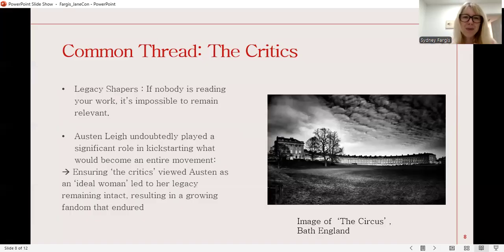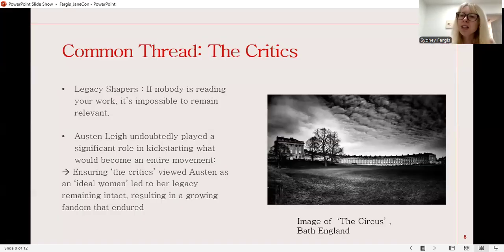So really cannot ignore Austen Lee, who kind of plays that significant role in kickstarting what becomes an entire movement, right? His memoir, which I have read, maybe some of you have read, definitely not my most favorite nonfiction work on Jane Austen. But it is interesting because it's written by a family member, right?